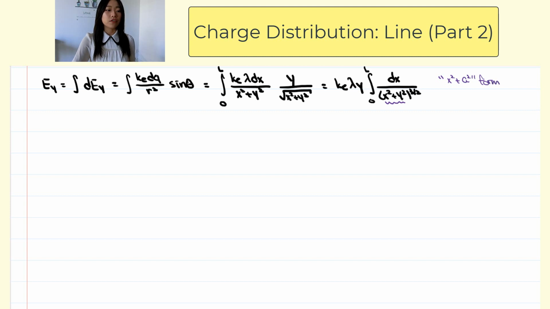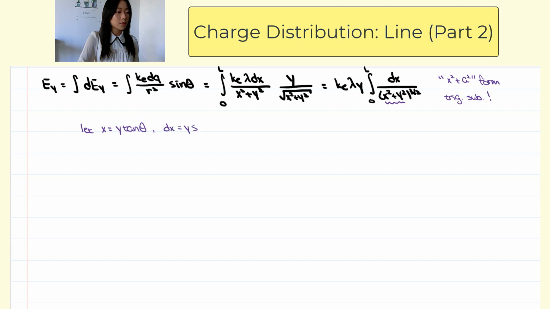When we have this form in the integral, we use trigonometric substitution. So we are going to let x equal a tangent theta, and the a here is y. So x equals y times tangent theta. So dx is y times secant theta squared d theta. Then we substitute the x and dx into the integral.